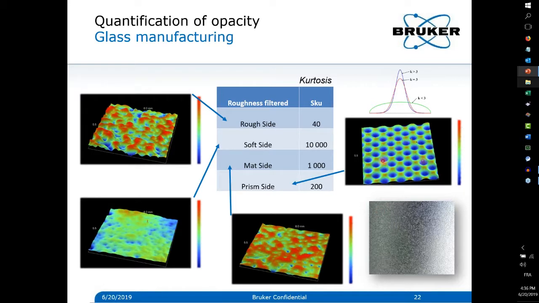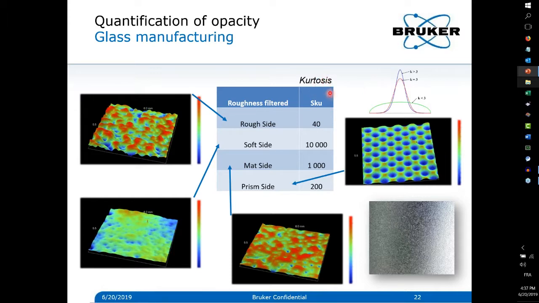In that case, the glass manufacturers are texturing surfaces in different ways. This texturing will help to create a certain effect. And the question is, how do we control in the process whether the process is deviating or not, and how do we rank the different opacities?